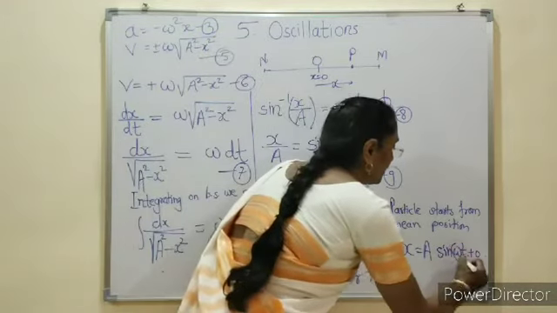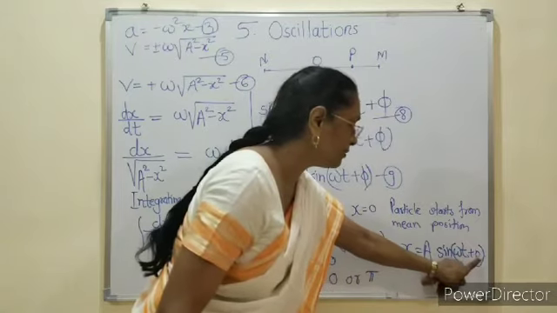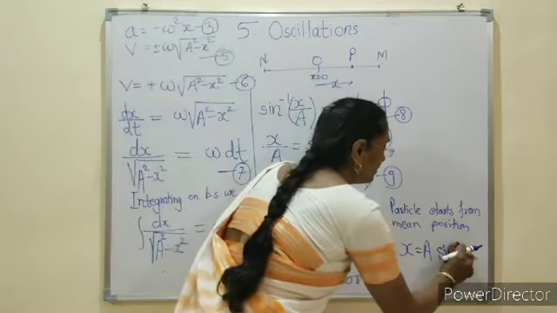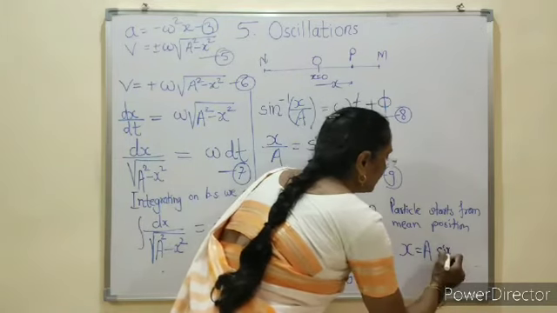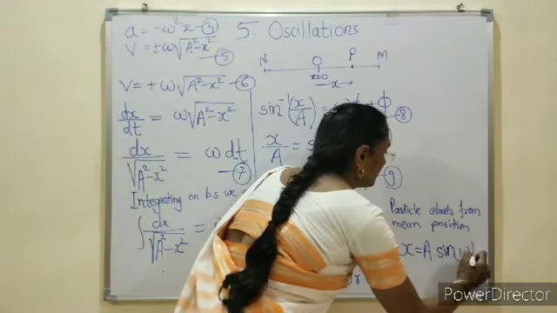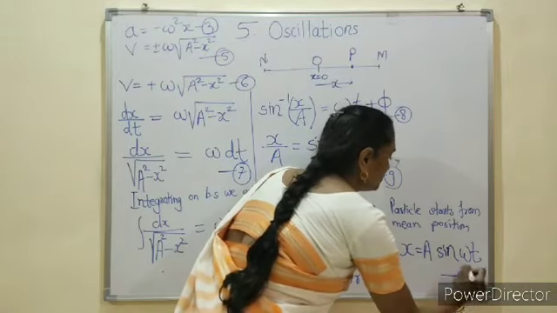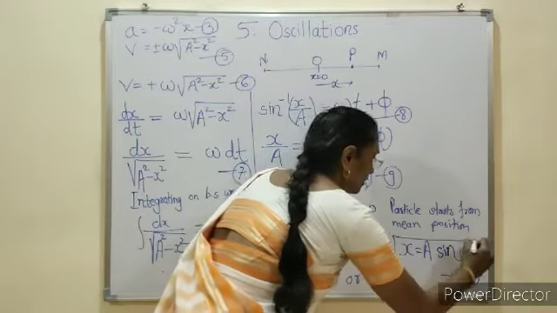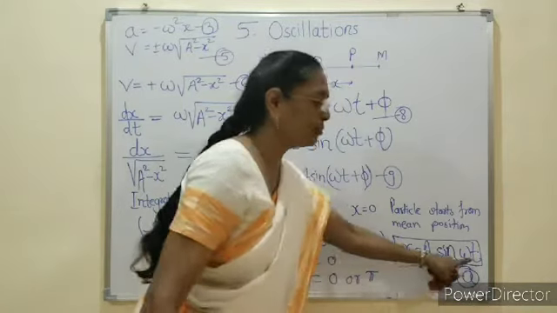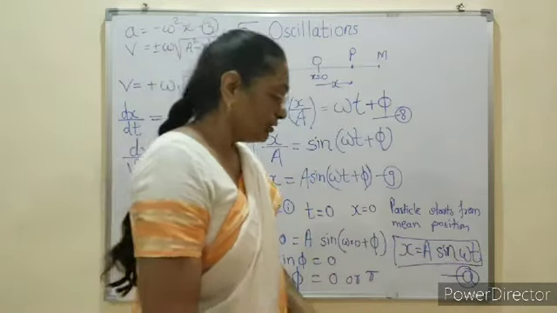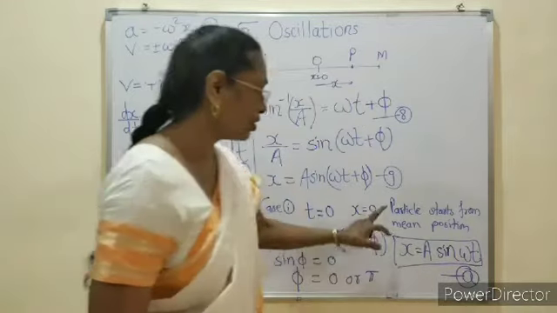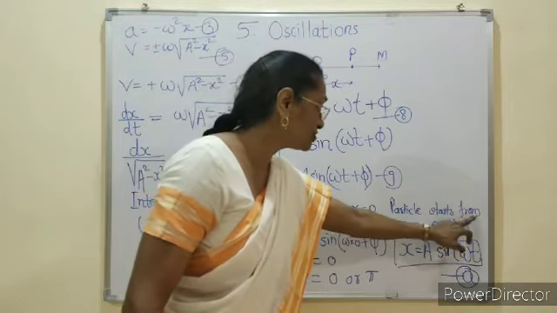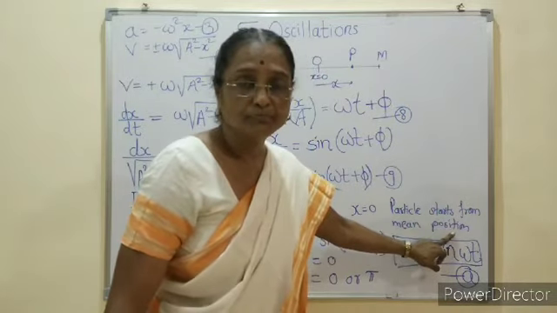Instead of phi we write 0, so we get the final expression, denoted by A: x is equal to a sin omega t. It is the expression for the particle in SHM when it starts from mean position.